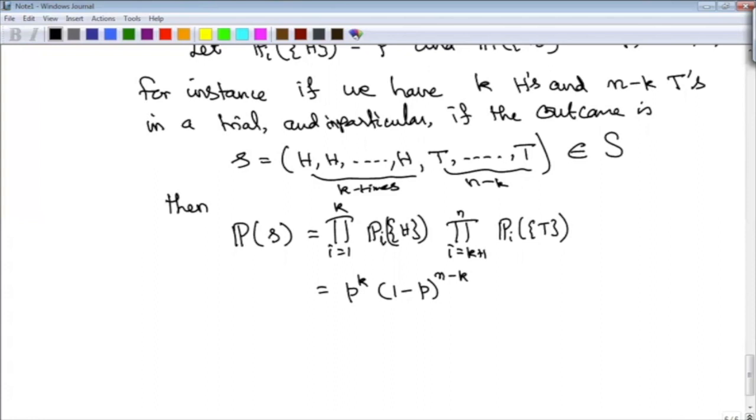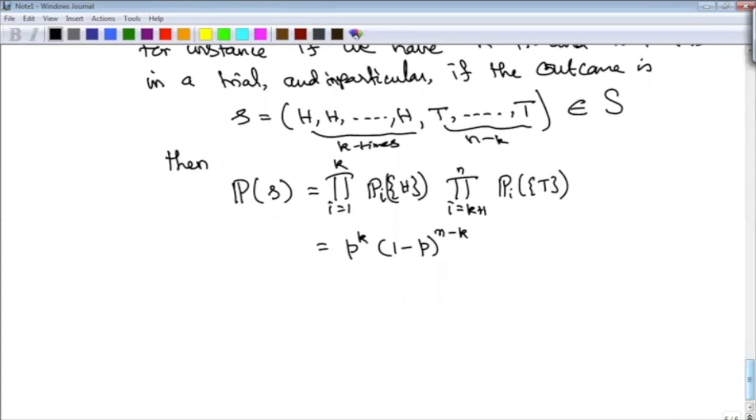We will not use very advanced ideas, only very simple school level combinatorial ideas. So if you include all possible combinations of k heads and n minus k tails, how many such elements can you think of in S which have k heads and n minus k tails, right?